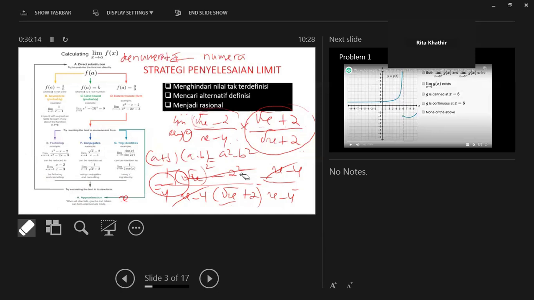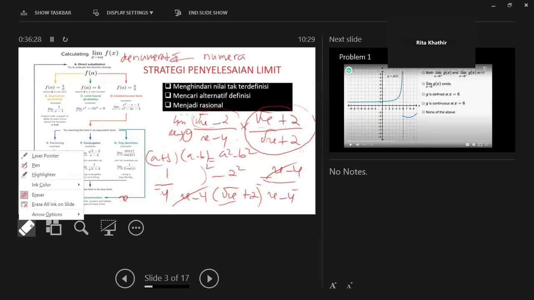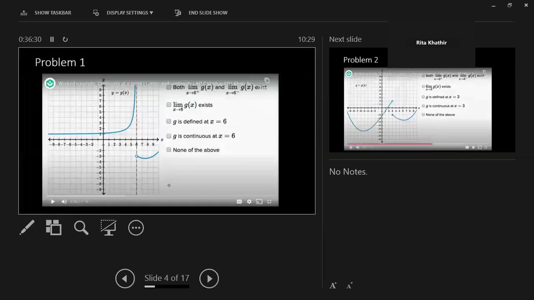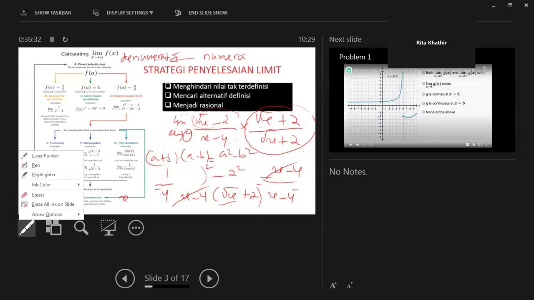So I will change the direction of writing. But if you follow, then you will not lose. But if you look to the other side, you don't know where I am. That is the tip for the teachers.